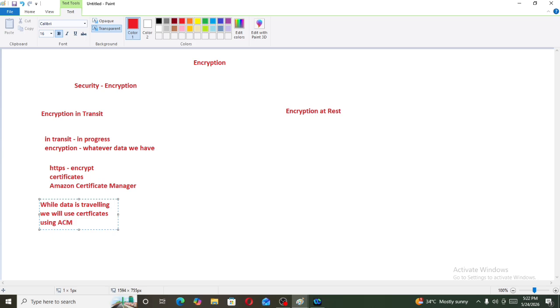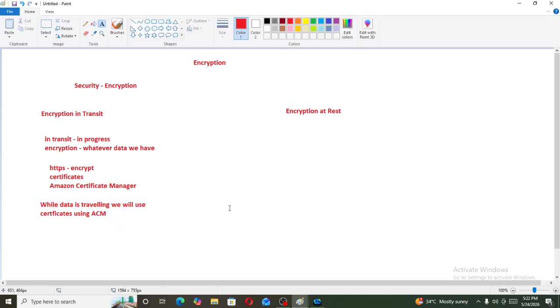It's so simple. Security means encryption. We will encrypt our data using HTTPS, with certificates that we can purchase from Amazon Certificate Manager.